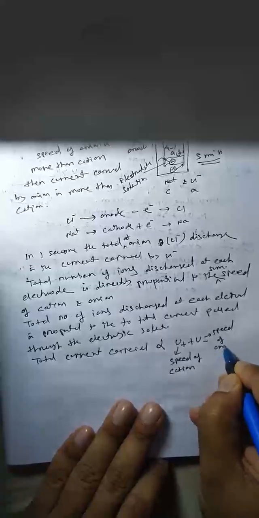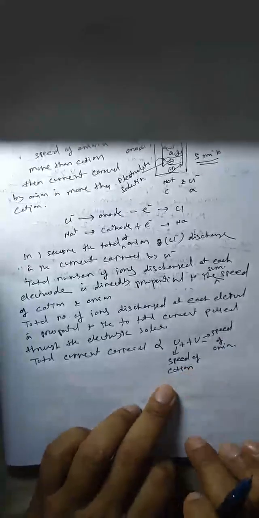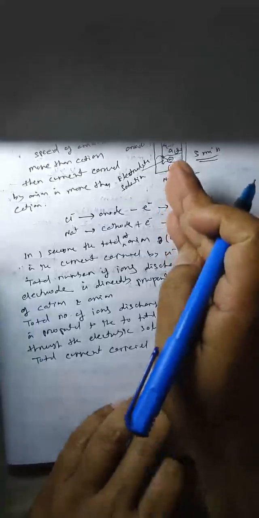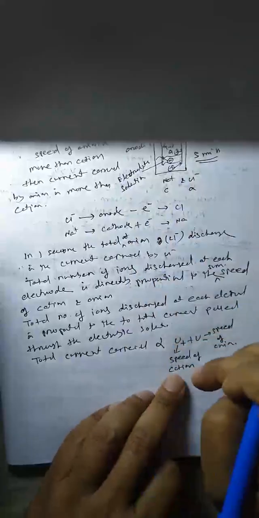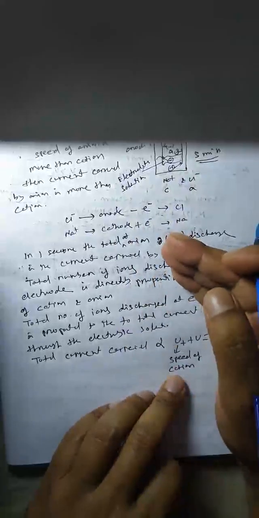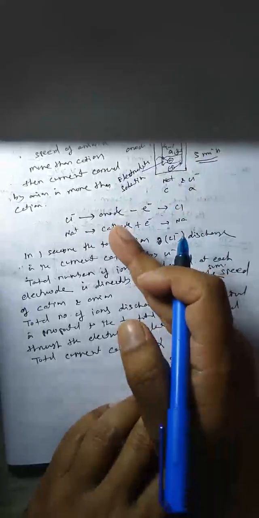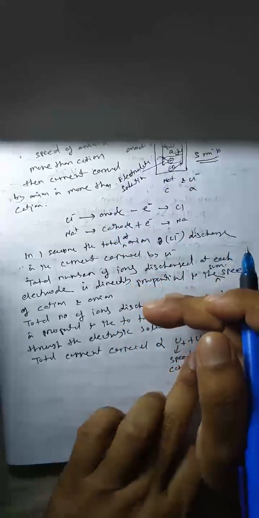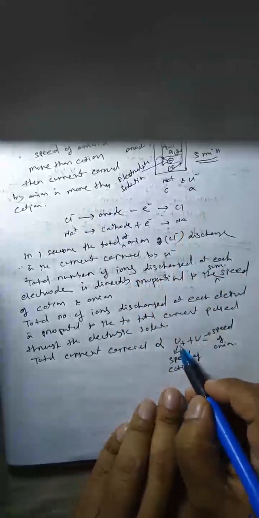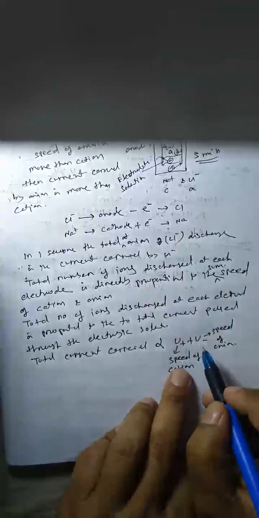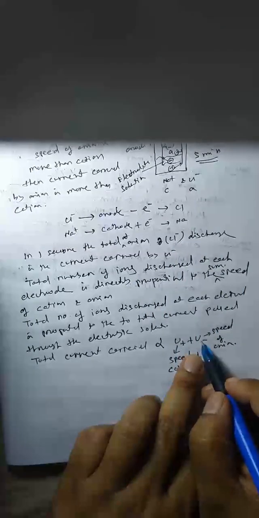Why do I write the speed? Because the number of ions discharged at each electrode depends upon the speed. If the speed is more, then more current it carries. If the speed of the anion is more than the speed of the cation, then the total current carried by the anion is more than that of the cation.